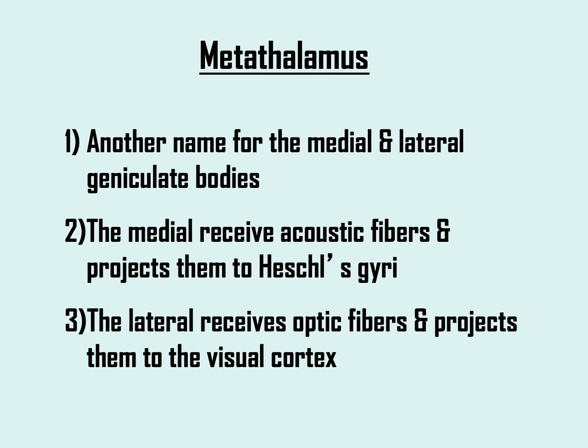The lateral geniculate bodies receive fibers from the optic tracts, and then they project those fibers to the primary visual cortex in your occipital lobe. The medial geniculate bodies receive acoustic fibers from something called the inferior colliculi, and it projects them to Heschl's gyri, which is in your temporal lobe.